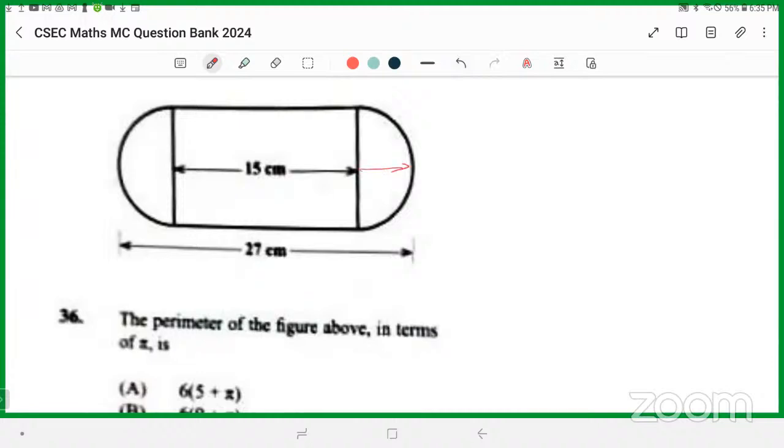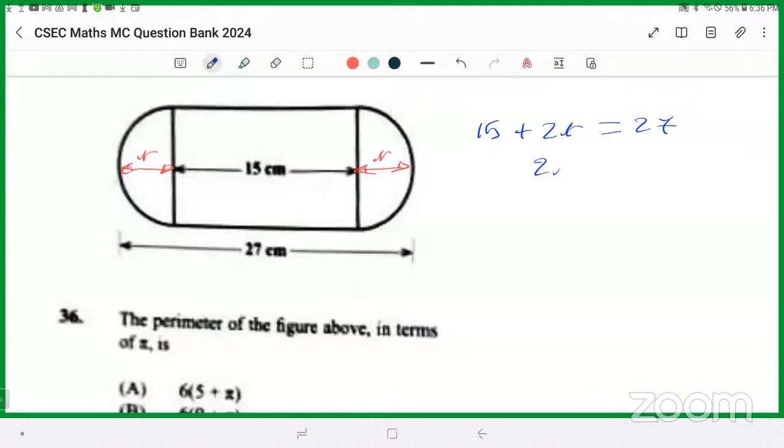The remaining distance here and here becomes the radius. So to find the radius, we can subtract the 15 and then divide by 2. Or we can say 15 plus 2 times the radius of the semicircle equals the 27 there.